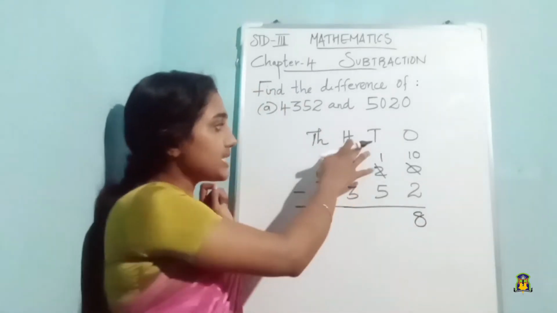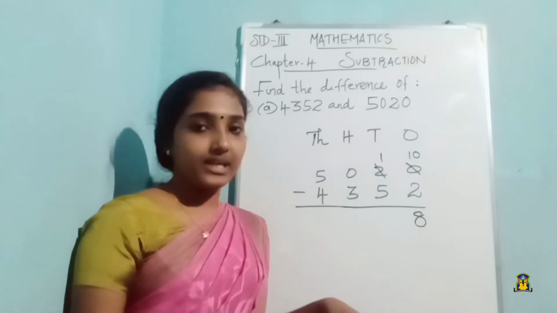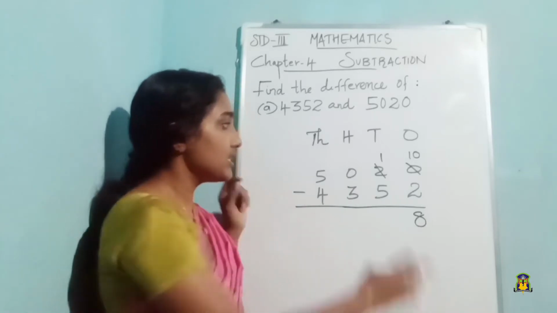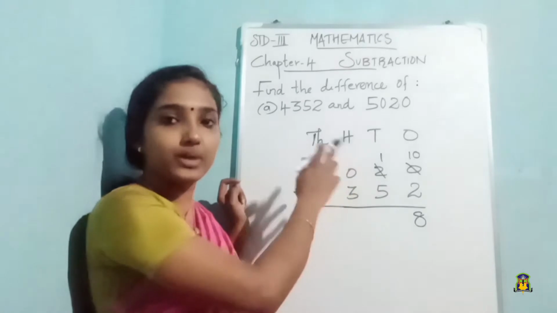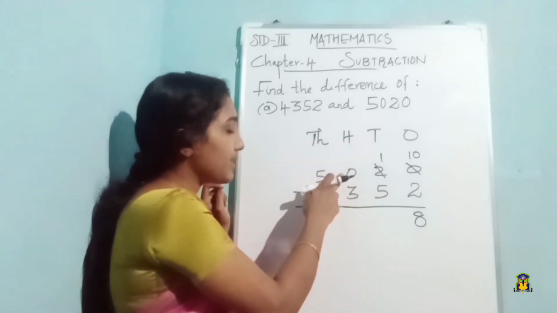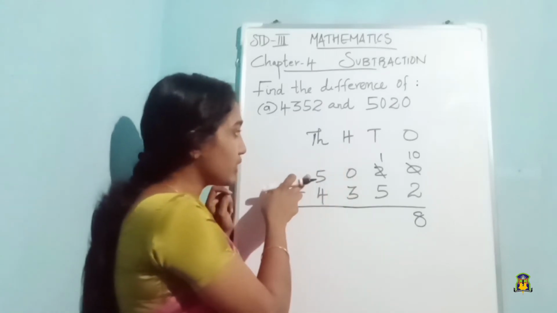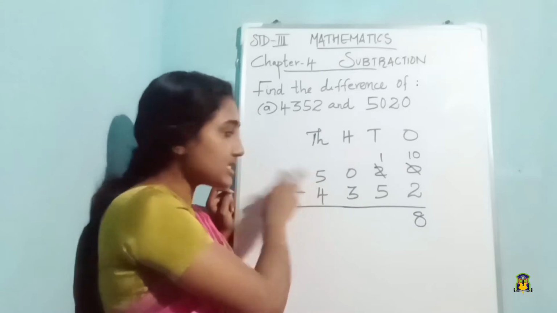And in tens place, it's 1 minus 5. Again, 1 is less than 5. So, here the subtraction is not possible. So, we can borrow from the next place. In hundreds place, it's 0. So, there is nothing to borrow from here. Moving on to the thousands place, it's 5 here.